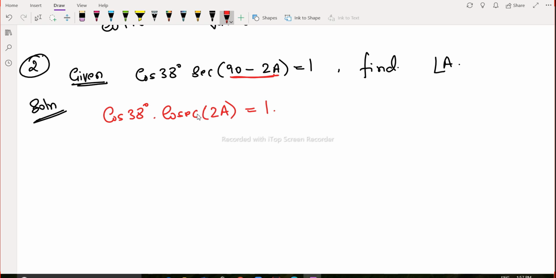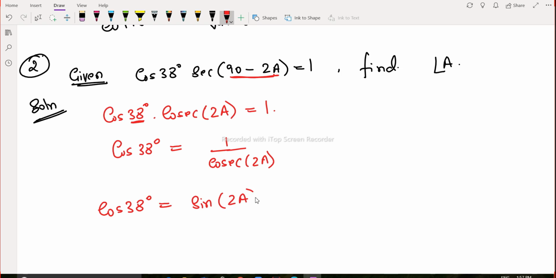Now, 38 degrees is not a standard angle. So what I'll do is I'll write cos 38 degrees is equal to 1 upon cosec 2a. This I can write as cos 38 degrees is equal to sine 2a.